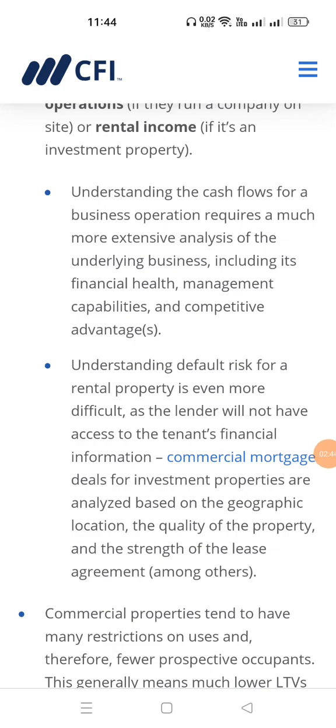Understanding the cash flow for a business operation requires a much more extensive analysis of the underlying business, including its financial health, management capabilities and competitive advantage.